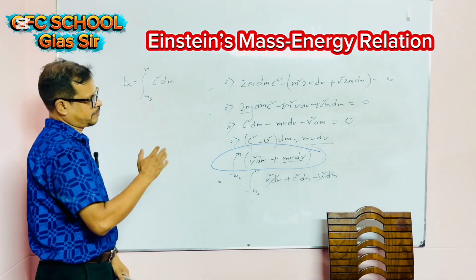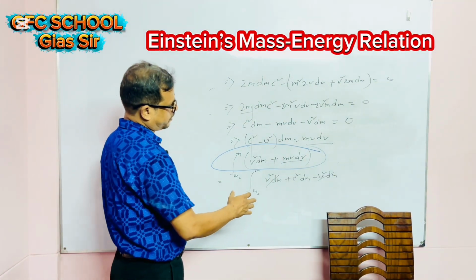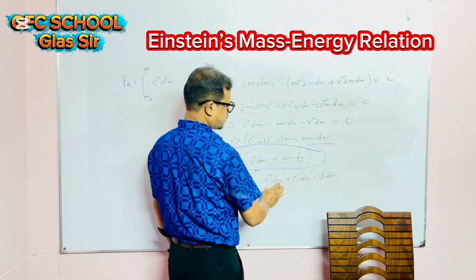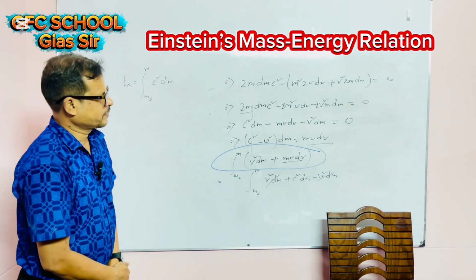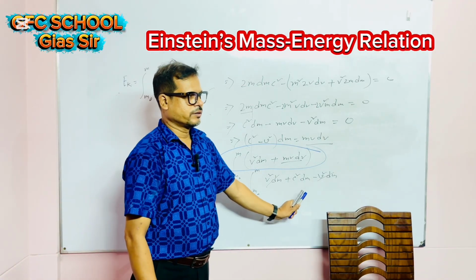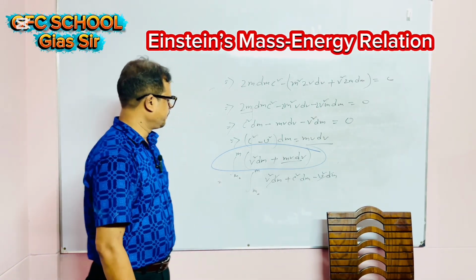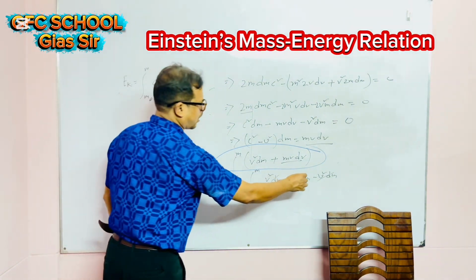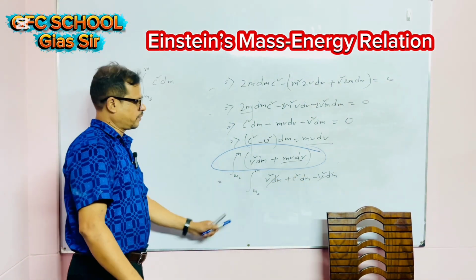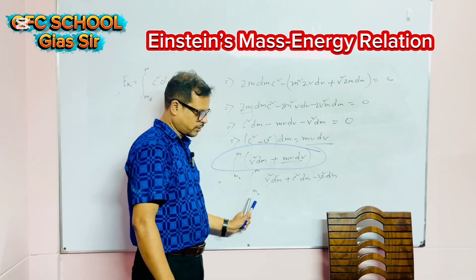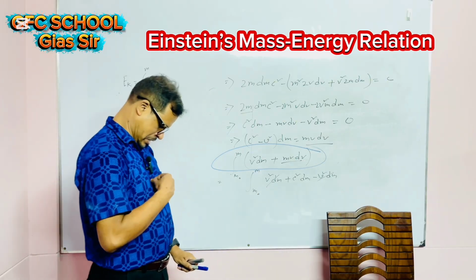By putting this, we have done some calculation. This cancelled each other. Finally we get c squared dm, and now our variable is m. That's why our integration limit is from lower limit m naught to upper limit m.